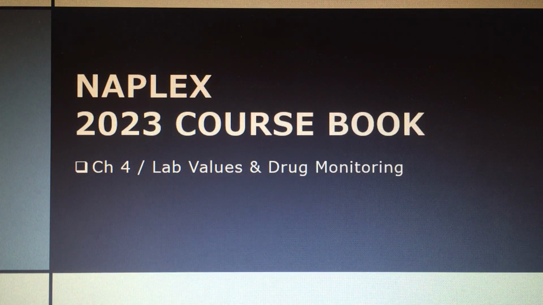The mean corpuscular volume may be elevated in macrocytic anemia due to B12 or folate deficiency. It may be low in microcytic anemia due to iron deficiency.